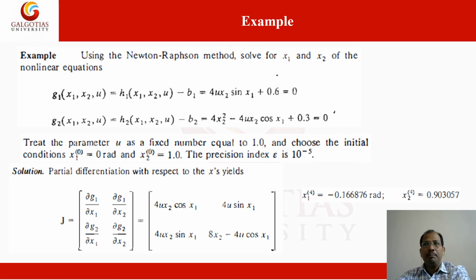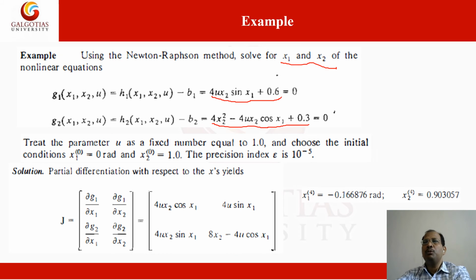Now we apply the same example. For the Newton-Raphson method, we consider two variables, x1 and x2, applied to the nonlinear equations. What are the nonlinear equations? These are G1 and G2, the two nonlinear equations.